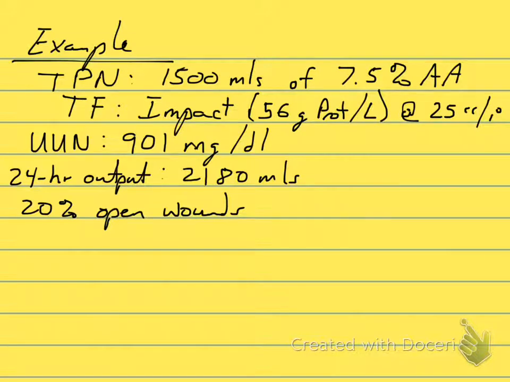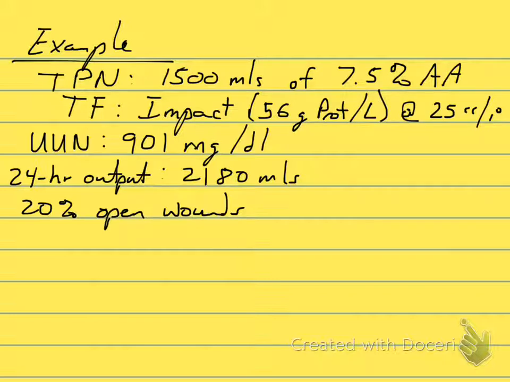So I want to do an example now of somebody that had some significant trauma. Let's say they had a burn, and they're in an ICU and they're getting TPN. The TPN prescription for protein is 1,500 mils of 7.5% amino acid solution.